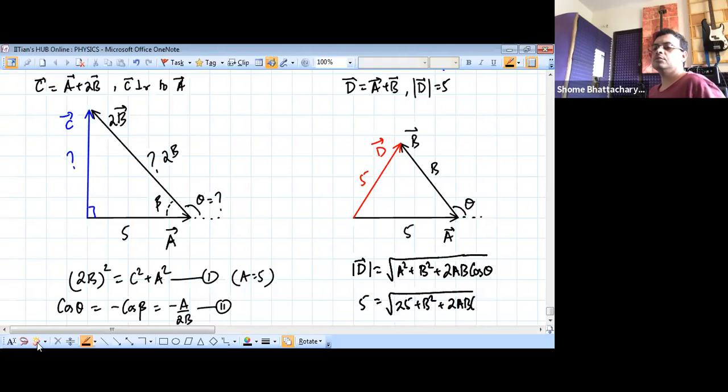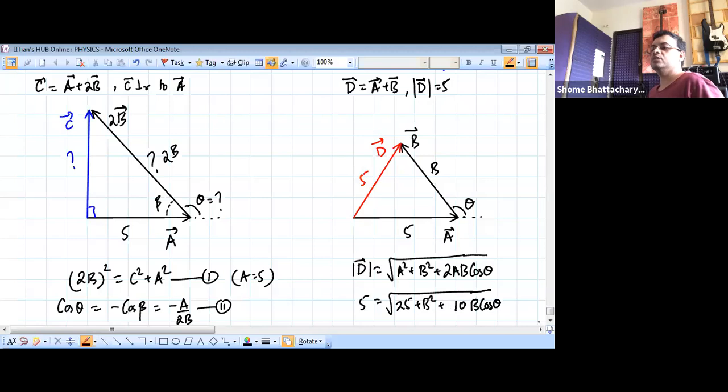So that will become a is 10, so plus 10b cos theta. Okay.